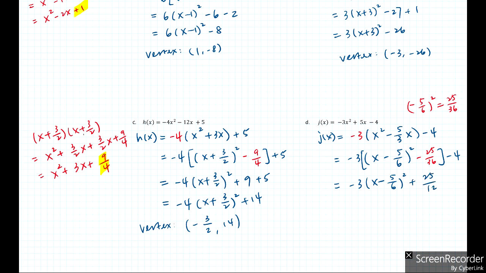over 12 because we have some cancellation between 3 and 36, which becomes 12 in the denominator. And now if we want to combine them, we need to get a common denominator with the constants. So we have 25 over 12 minus here 4.